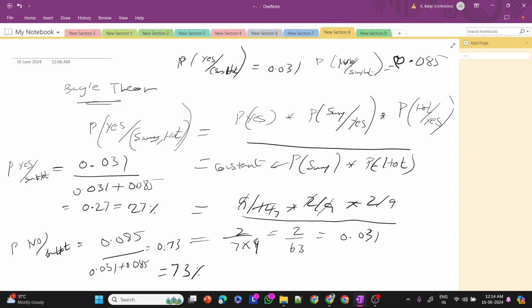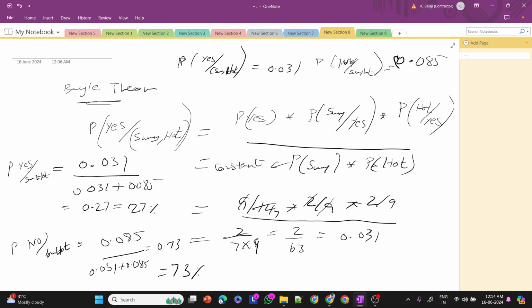So by comparing these, we can make a conclusion that when the climate was sunny and hot, the player does not play the game, because the probability of not playing the game when it was sunny and hot is higher when compared to yes.